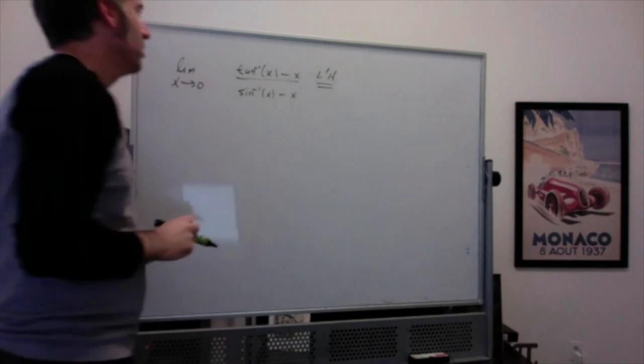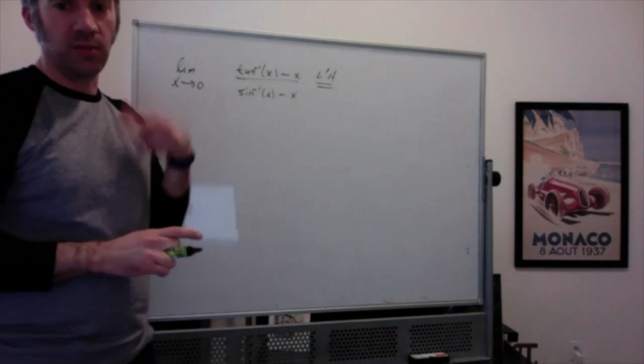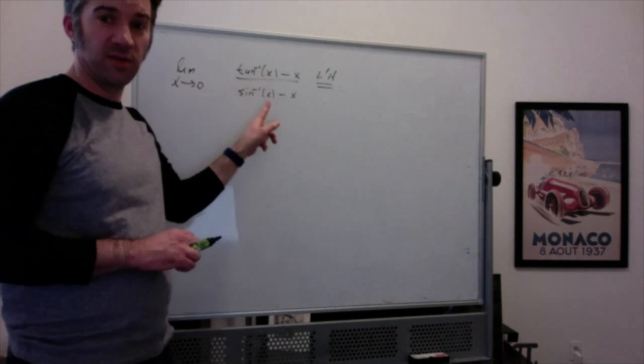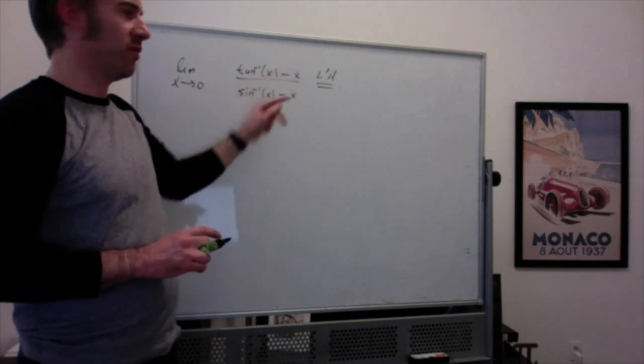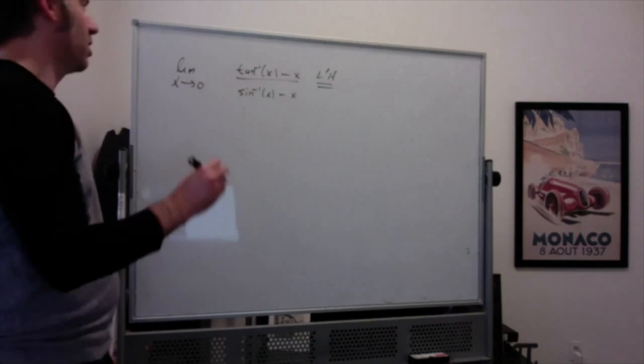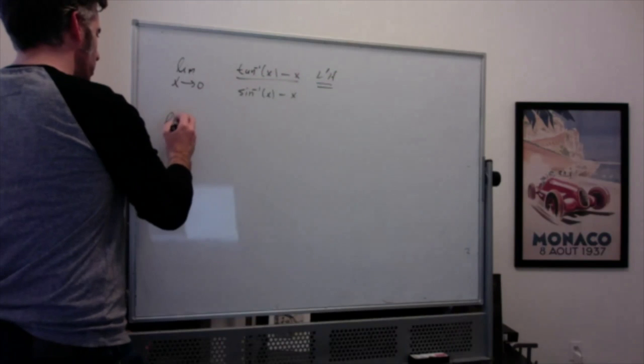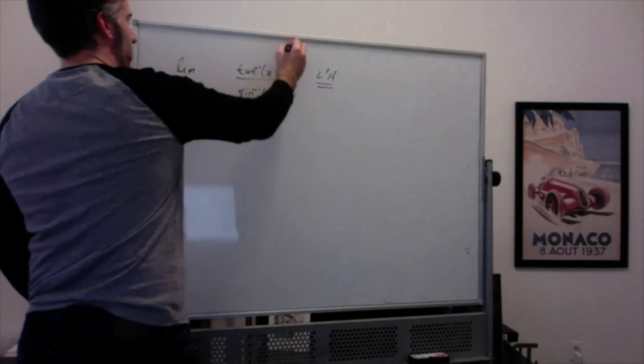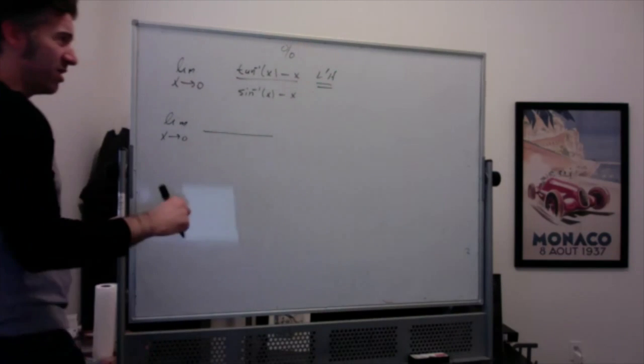Okay. So clearly we're going to be using L'Hopital's rule because this is a 0 over 0. Inverse tangent of 0 is 0. Inverse sine of 0 is 0. 0 minus 0 over 0 minus 0. So using L'Hopital's rule, because we have a 0 over 0, we can take the derivative of the top and the derivative of the bottom.